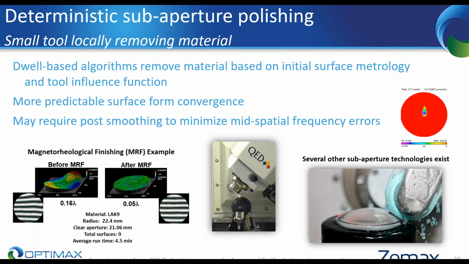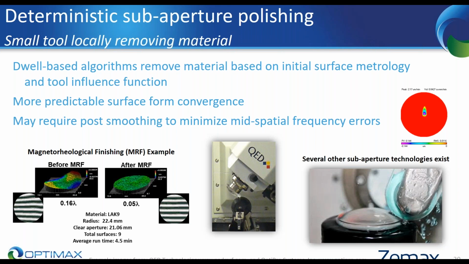This results in more predictable surface form convergence than conventional processing. However, because we're using a smaller tool and we're only doing one surface at a time, this can take more time. So it doesn't necessarily offer the overall cost advantage, but you can get much more predictability. So sometimes it is the route to go, even with a spherical surface.